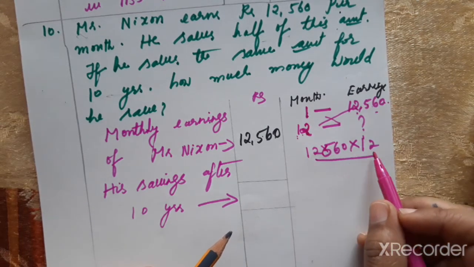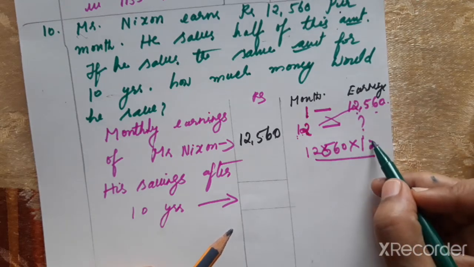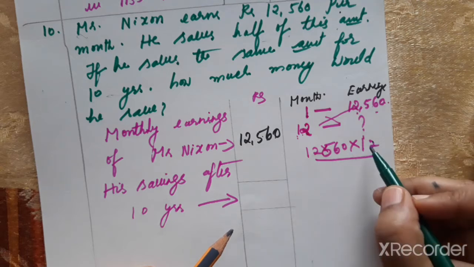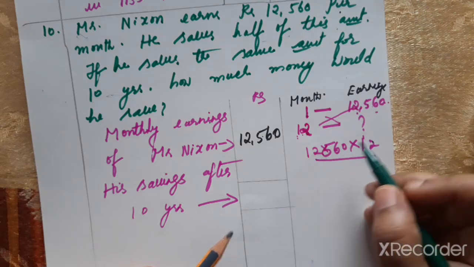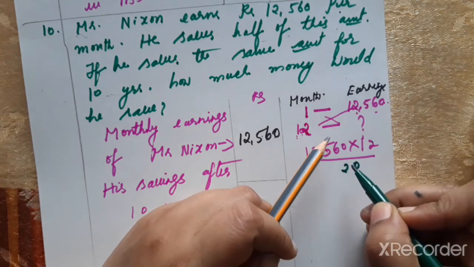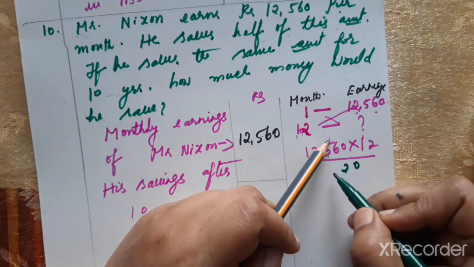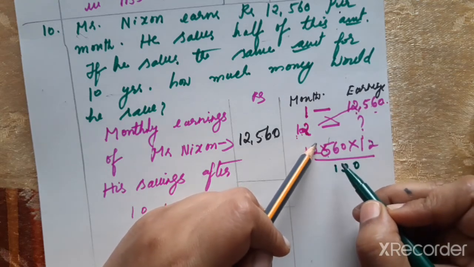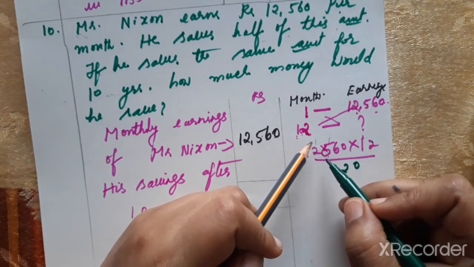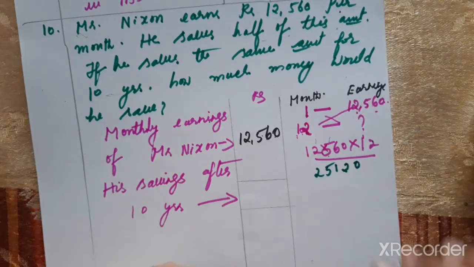So multiply this value. 2 with each number, then next line with the 1 we multiply each number. 2 zeros are 0. 2 sixes are 12, 2 and 1 carry to the next place. 2 fives are 10, 10 plus 1 is 11, so 1 carry to the next place. 2 twos are 4, 4 plus 1 is 5. 2 ones are 2. So the first line multiplication is over.